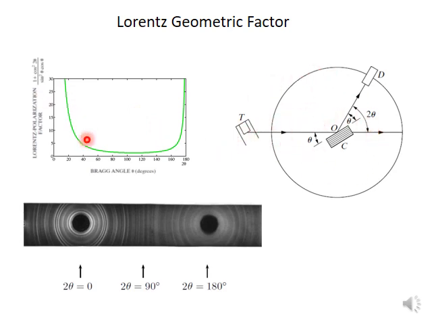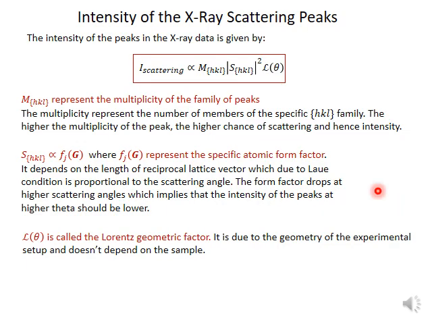So what does it tell you? That up to, let's say, 120 degrees, as you go away from the 0 degree, the intensity of the line should decrease because of this factor. So just to summarize, the intensity of scattering depends on these three factors. This one depends entirely on the multiplicity of HKL, so it doesn't have any angle dependence.